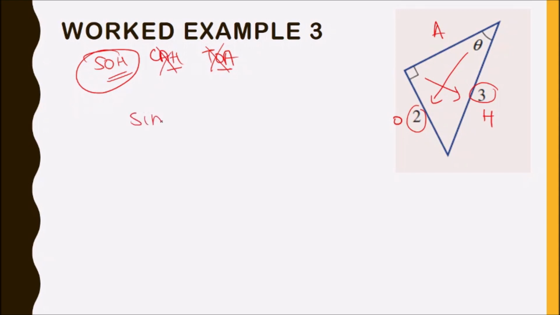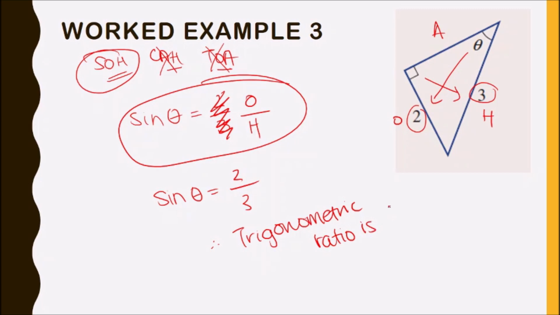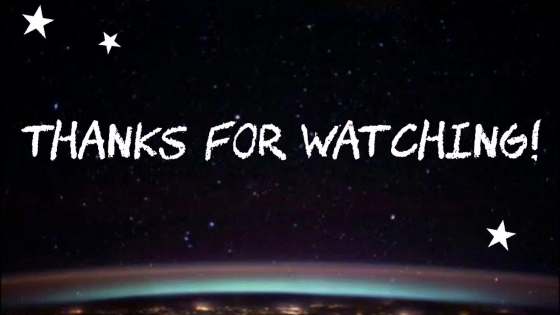So we would write sine theta equals 2 over 3 because it's O over H, sorry. And then you would write O being 2 and H being 3. Therefore, you can even write it if you want, the trigonometric ratio is 2 over 3. Or you could write sine 2 over 3. I'd still accept that for now. Alright, and that is how you work out SOHCAHTOA using the different sides of the triangles.